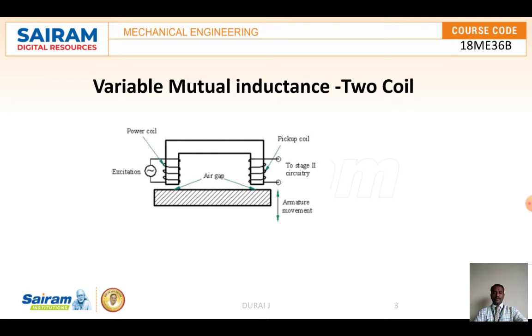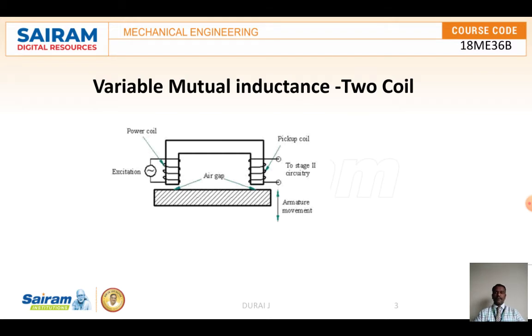The mechanical input changes the permeance of the flux path generated by the coil, thereby changing its inductance. These changes of inductance can be measured by a suitable circuit indicating the value of the input. The flux path may be changed in the air gap, or the amount or type of core material may also be changed in the variable self inductance single coil. Then comes the variable mutual inductance.